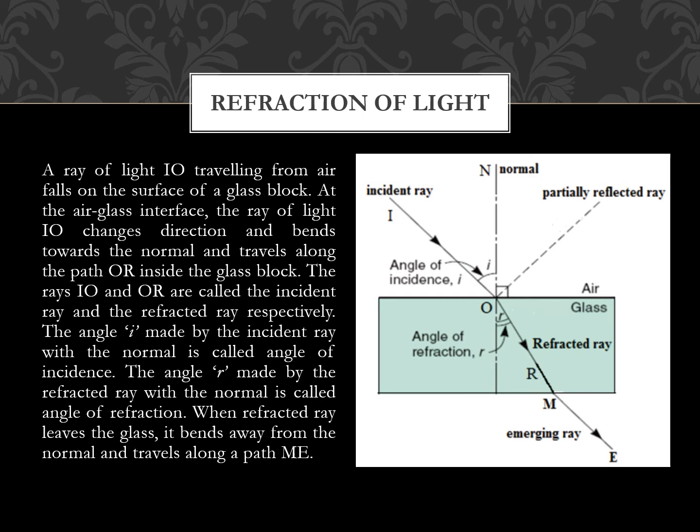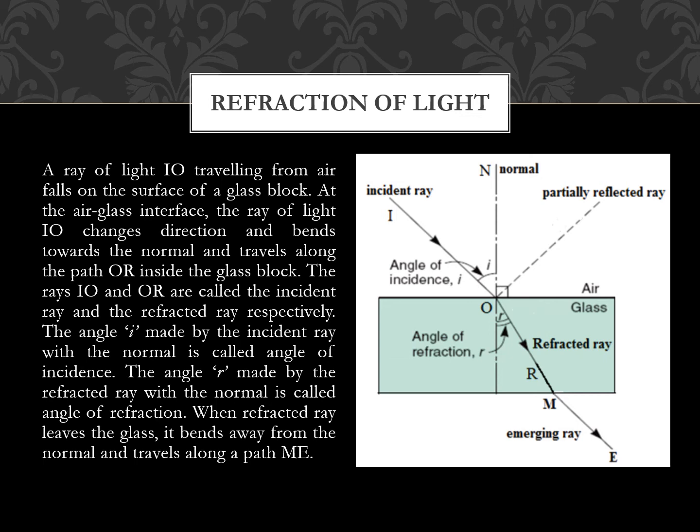This angle of refraction is less as compared to the angle of incidence. So remember this: all the angles, whether incident angles or refracted angles, formed inside a rarer medium are always greater, whereas the angle formed inside the denser medium is always smaller. And you can see it through the diagram.